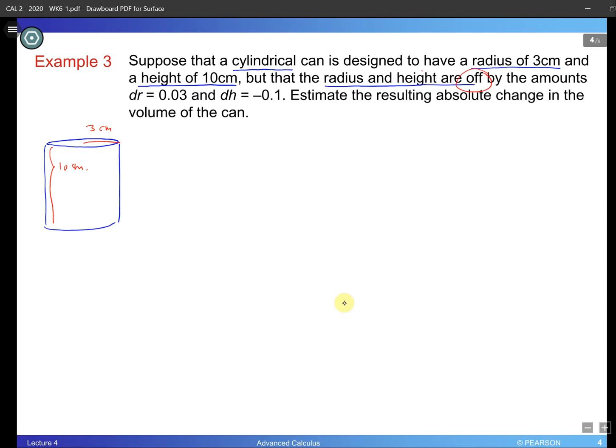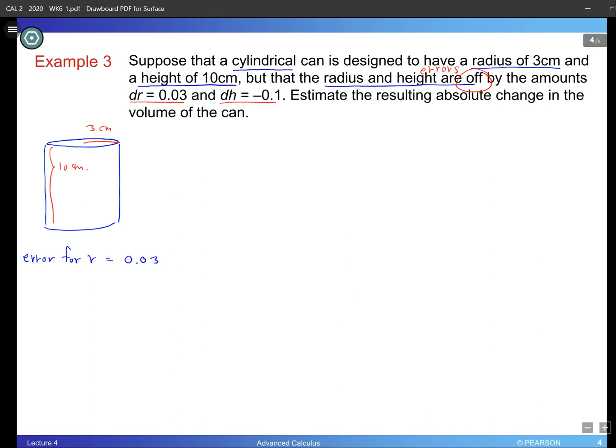We are talking about errors going on, and by these following amounts: the error for the radius is 0.03 centimeter, and the error for the height is minus 0.1. Why don't we make a note right here that we have errors going on. So we have errors for the radius first. Error for radius equal to 0.03 centimeter.